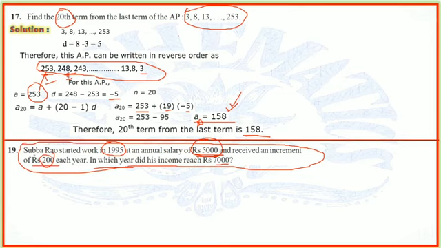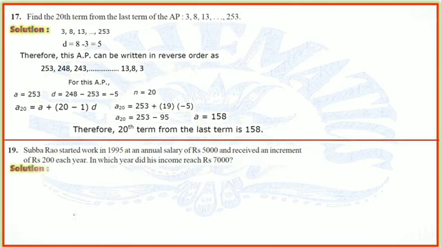This is the common difference. Then the question asks in which year, that is a particular position, like the 20th term in the previous question, so we have to find n. His income reached rupees 7,000, which is the last term.